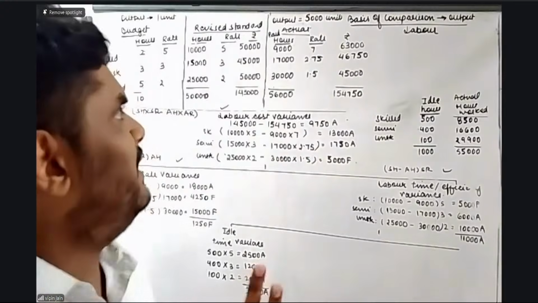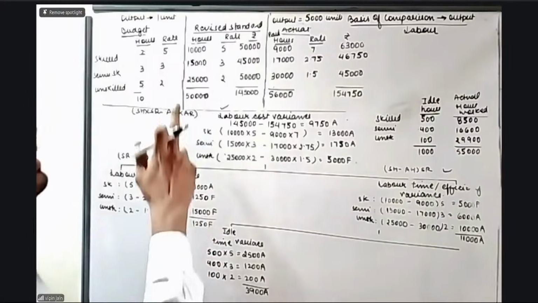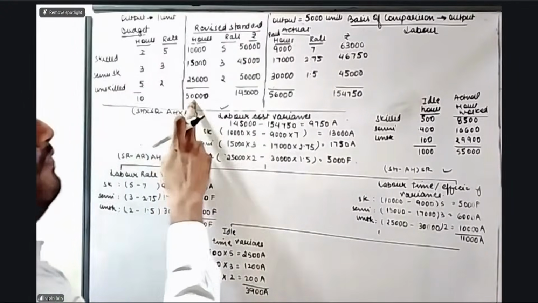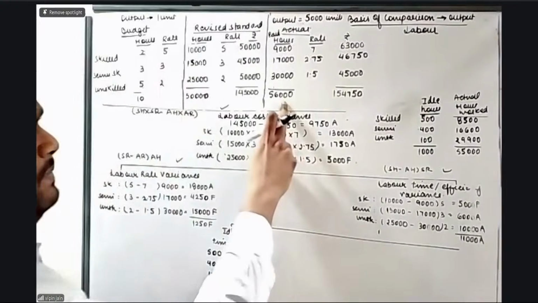Now very important guys, very important. See the difference is of 50,000 and 56,000.